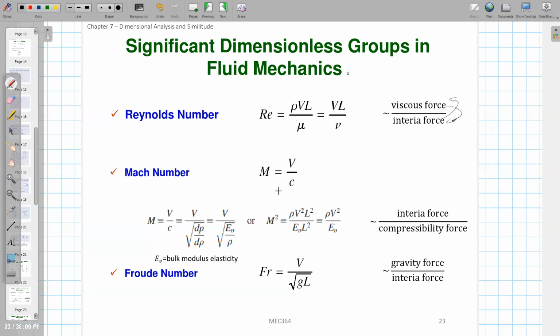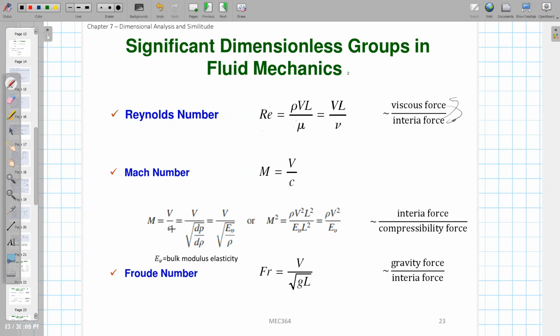And not only the speed, there is another important meaning of the Mach number: it also characterizes the compressibility of the flow. And why? You just need to do some further manipulation of this definition of the Mach number.